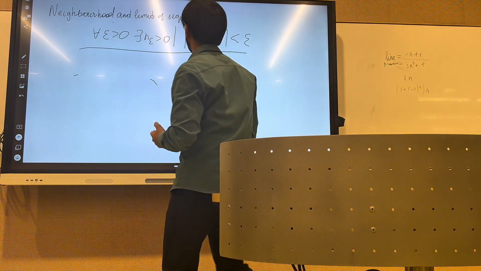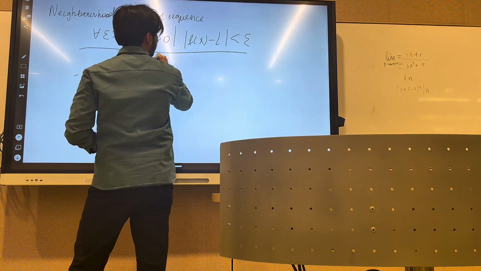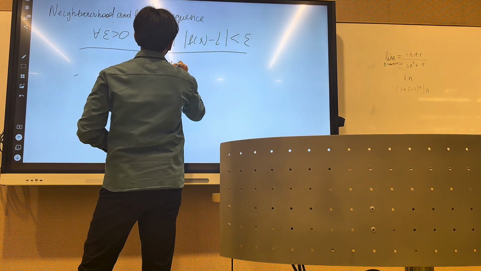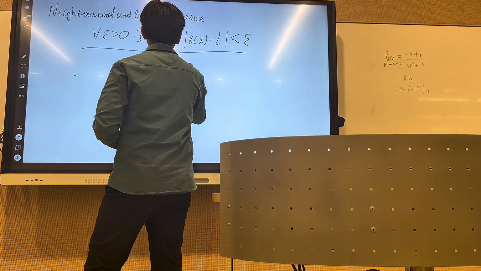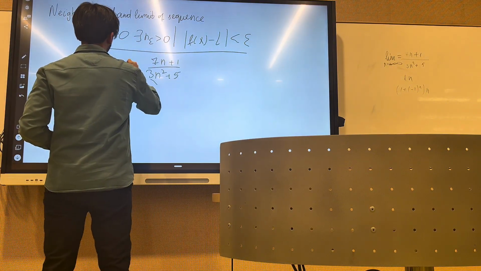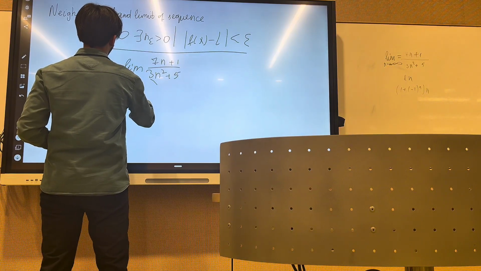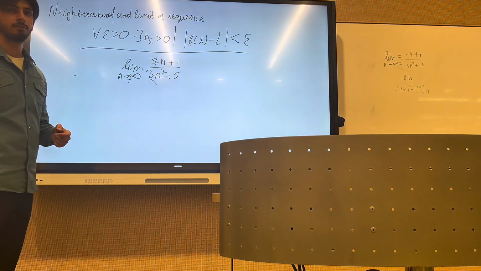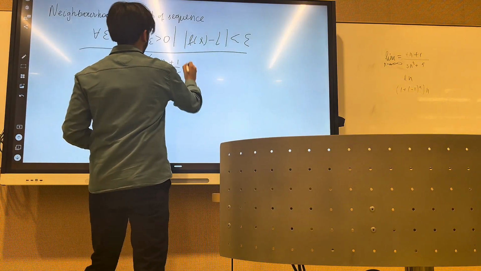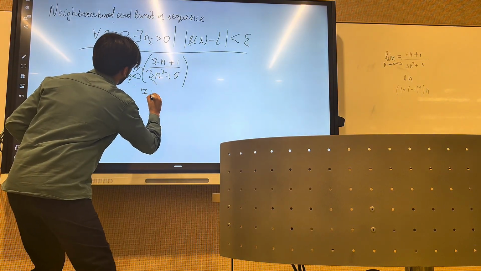Let's look at one example. For example, 7n plus 1 divided by 3n squared plus 5n, and write its limit as n goes to positive infinity. We can write this expression more simply like that.